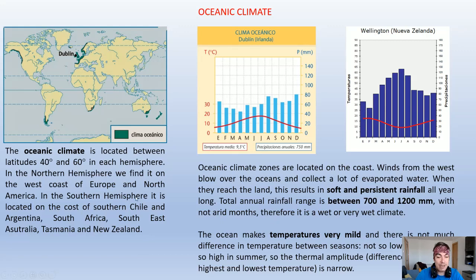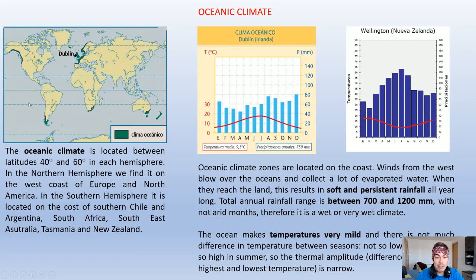The oceanic climate is located between the latitudes 40 degrees and 60 degrees in each hemisphere. In the northern hemisphere, we find it on the west coast of Europe, here, and North America, here. Okay? I am pointing the locations with my mouse.